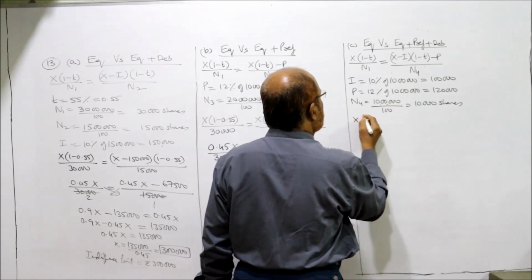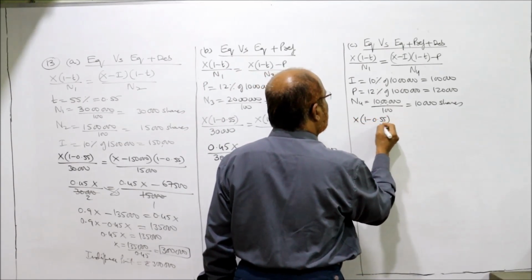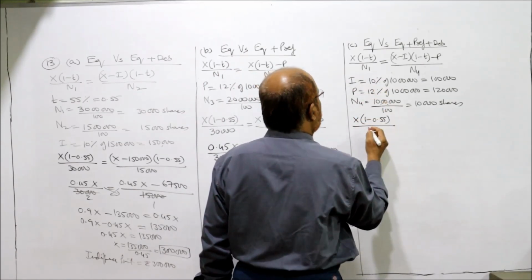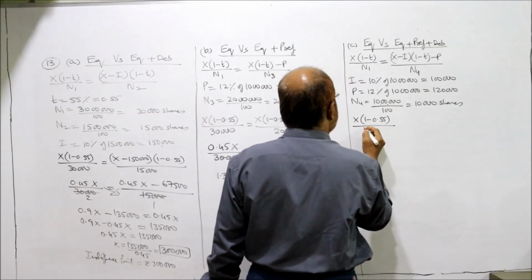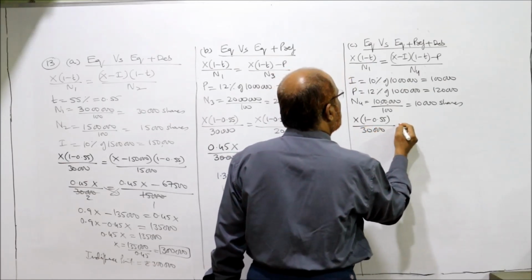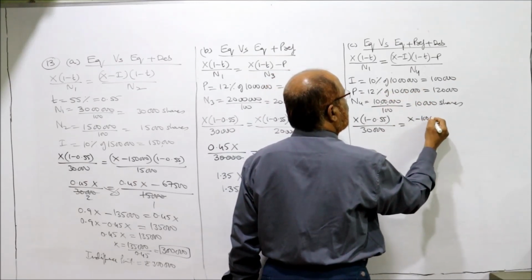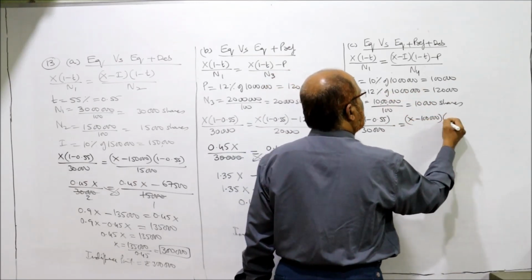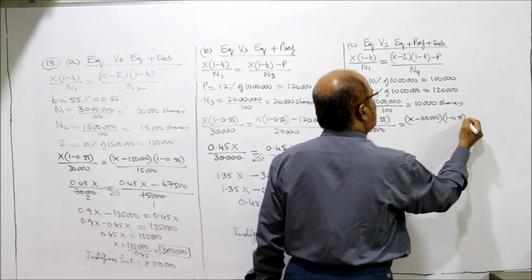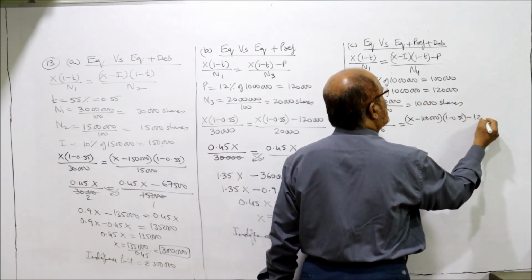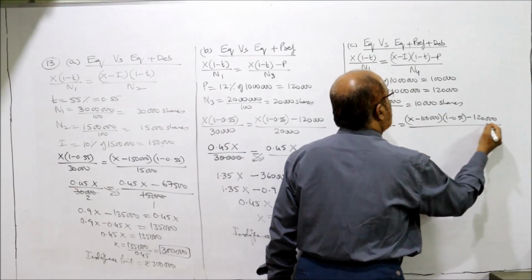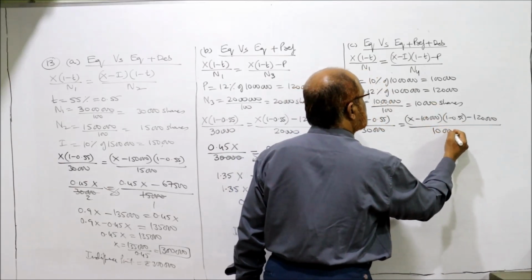Now we substitute: x into 1 minus 0.55 divided by n1, n1 is 30,000, is equal to x minus I, interest is 1 lakh, into 1 minus 0.55 minus P, 1,20,000, divided by 10,000 shares.